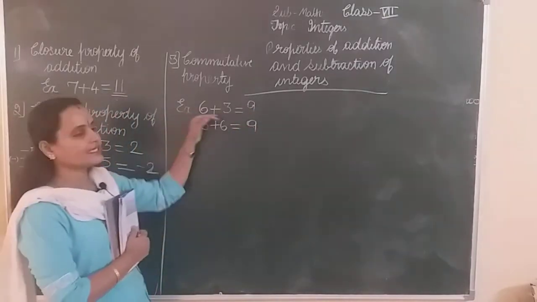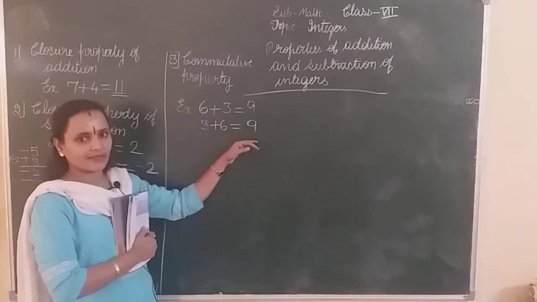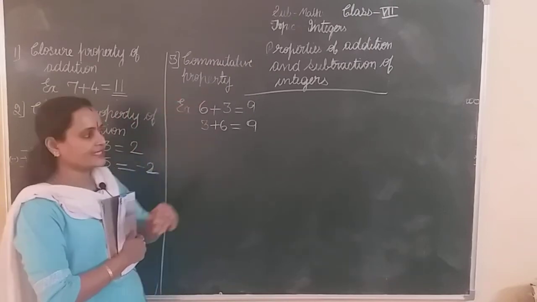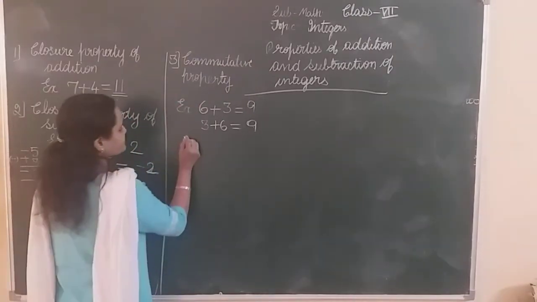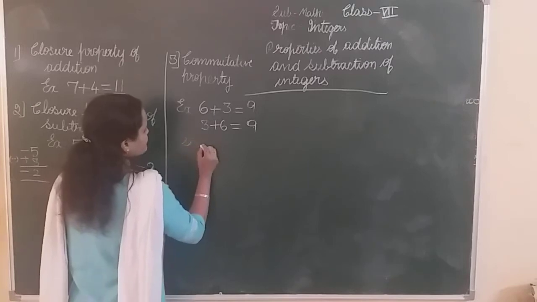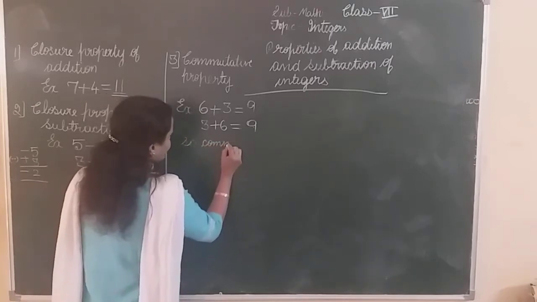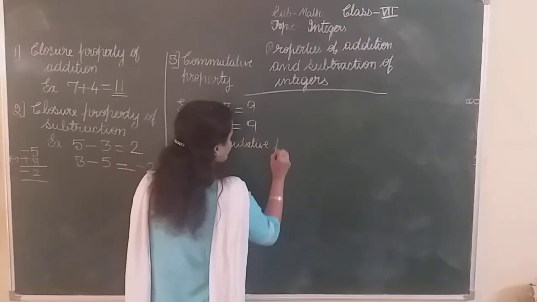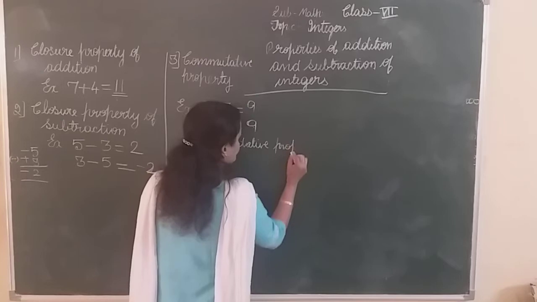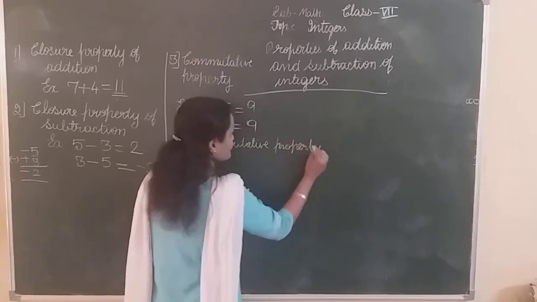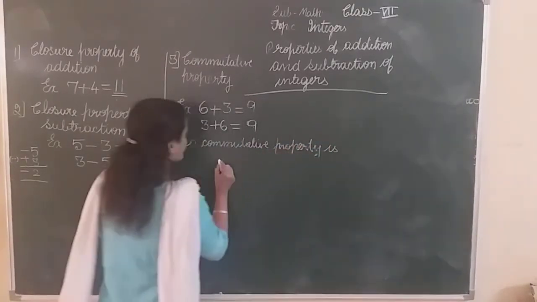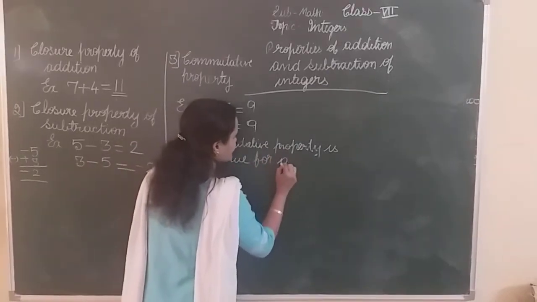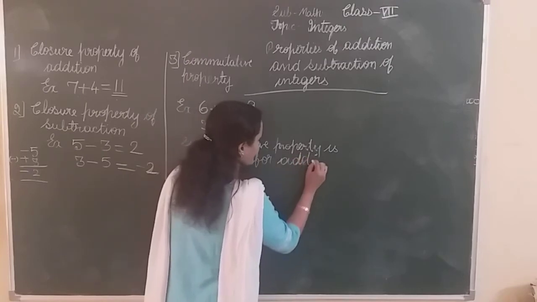Whenever I interchange the numbers and the result is the same, then this property is true for addition. Commutative property is true for addition. Now try doing it with multiplication.